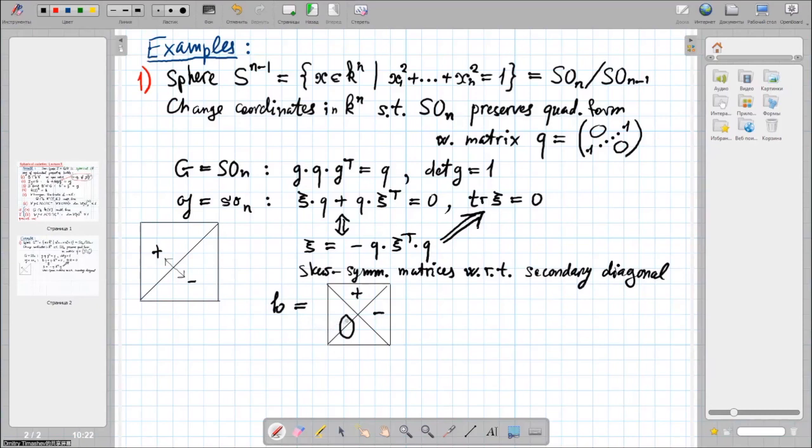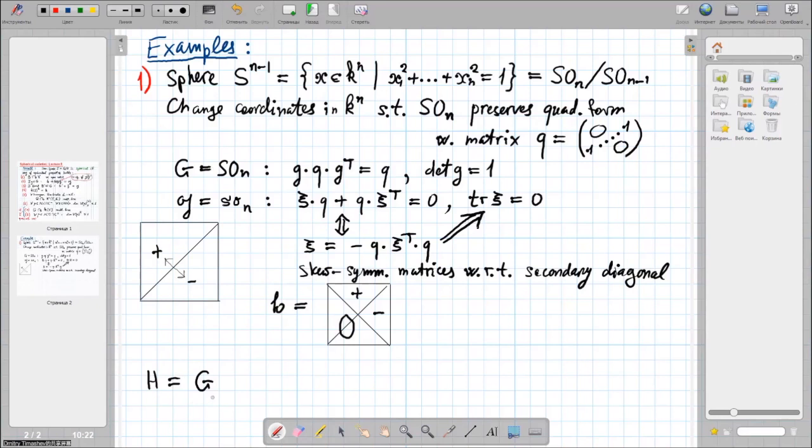And the stabilizer of a point on a sphere, the subgroup H in my general notation. For H, I can take the stabilizer of any non-isotropic vector in my vector space K^n. If I take a vector with inner square 1, then it will belong to this sphere.